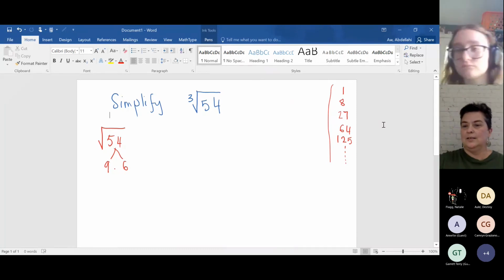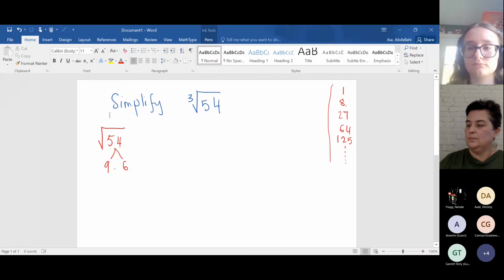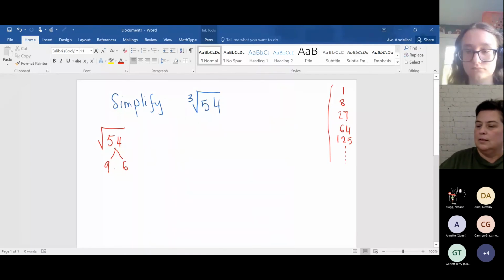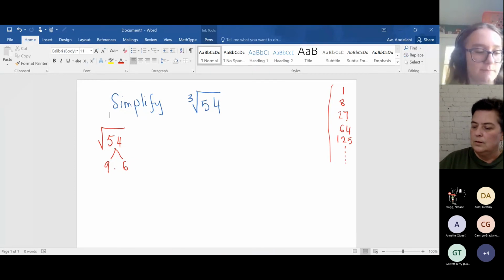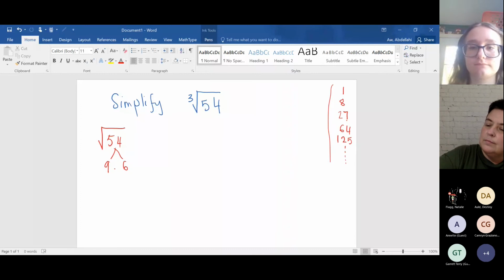So 1 is 1 cubed. 8 is 2 cubed. 27 is 3 cubed. 64 is 4 cubed. 125 is 5 cubed. Actually, I just did some quick calculations. 27 goes into 54 twice, and 27 is a perfect cube. Could that help? Exactly, that is absolutely correct.